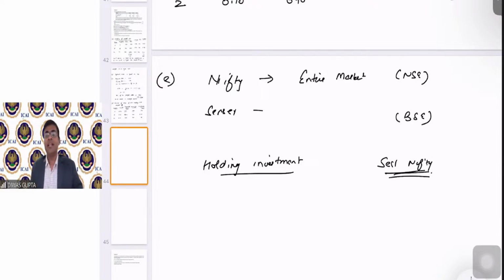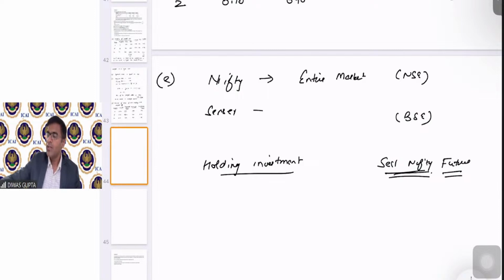Okay, students, it's not sell Nifty exactly, but sell Nifty futures. So I will sell Nifty futures. Whenever the prices go down, I will purchase that Nifty so that my purchase value is lower and sold value is higher, and I will get a benefit from that reduction.